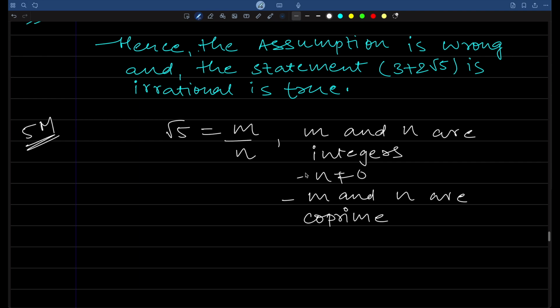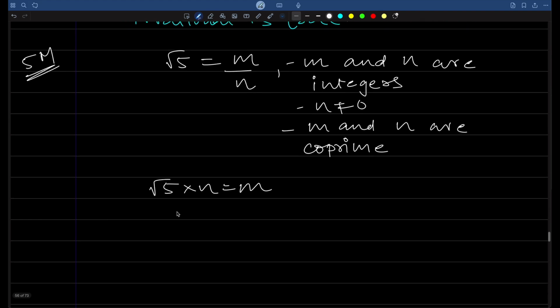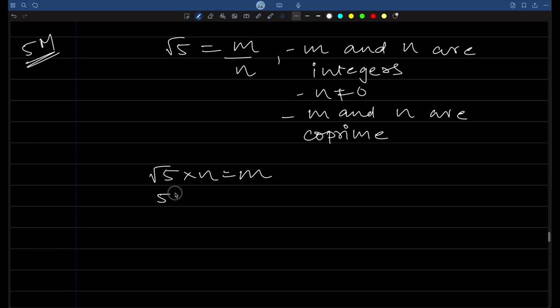If m and n are co-prime, the common factor between m and n is 1. So root 5 into n equals m. Squaring both sides, we get 5n square equals m square.